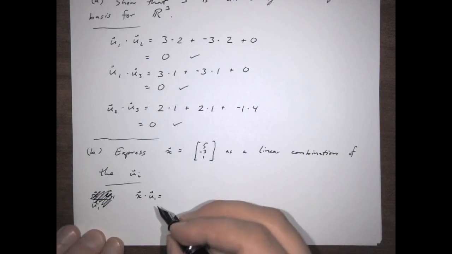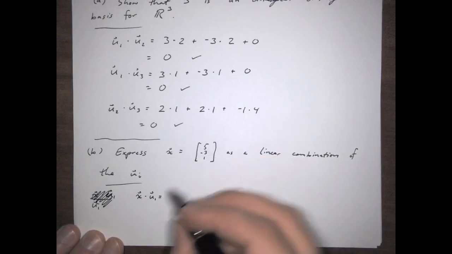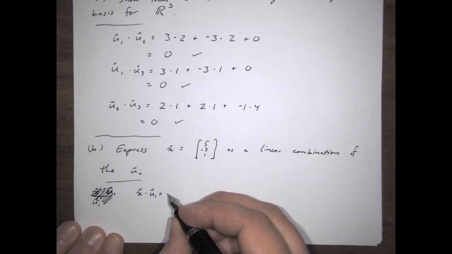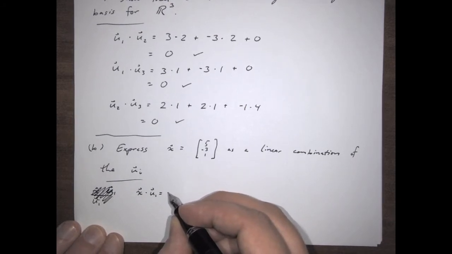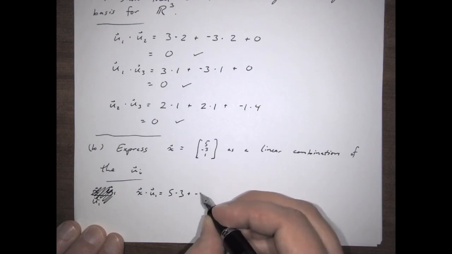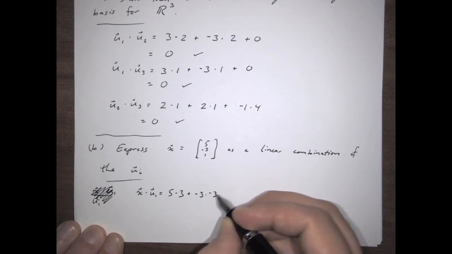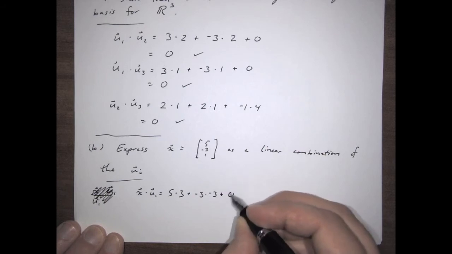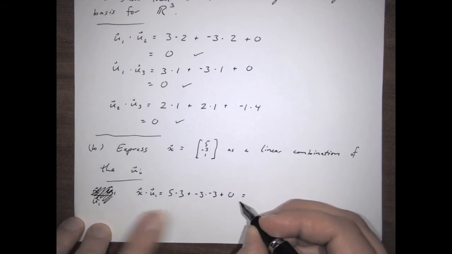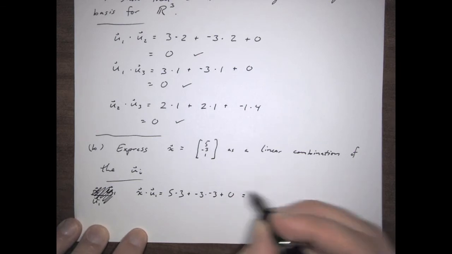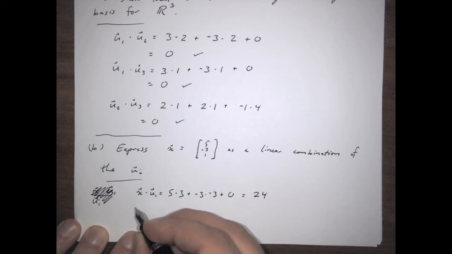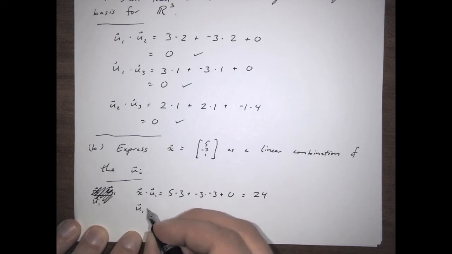So what we're going to do is we're just going to take the pieces of x and the components of u1 and multiply them and see what we get. Okay, we're going to have 5 times 3 plus negative 3 times negative 3 plus 0, which is going to end up equaling 15 plus 9, so that's 24. And then u1 dot u1.